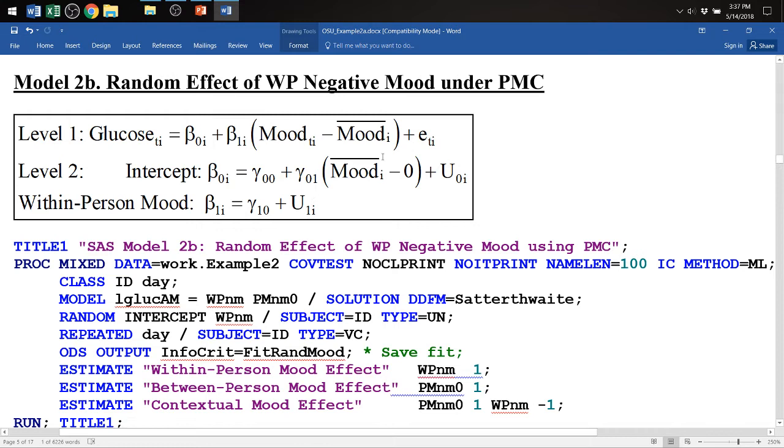So I'll say that again. The level 1 within-person negative mood effect can vary randomly over level 2 people. The level 2 between-person negative effect does not have a level 3 over which to vary randomly.